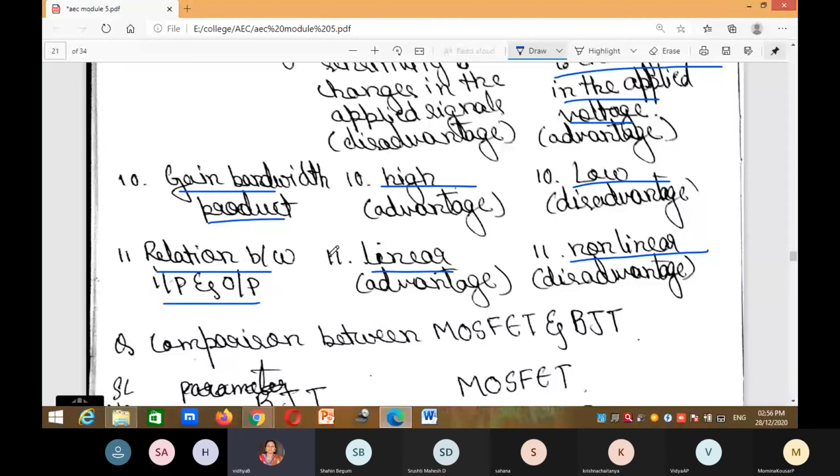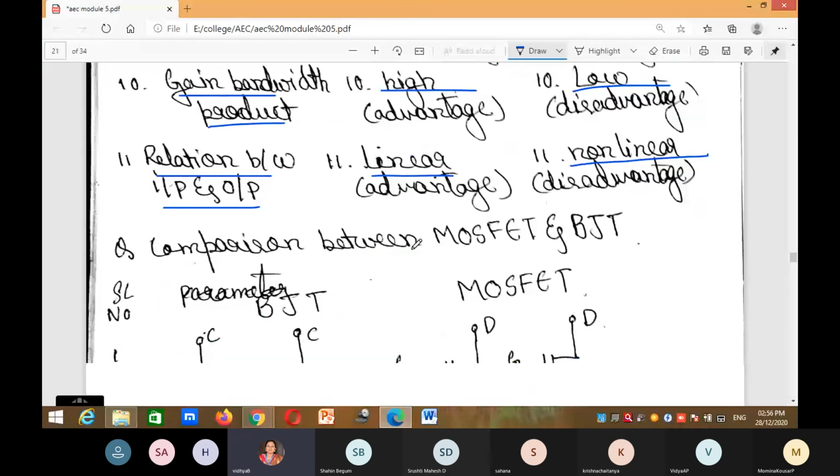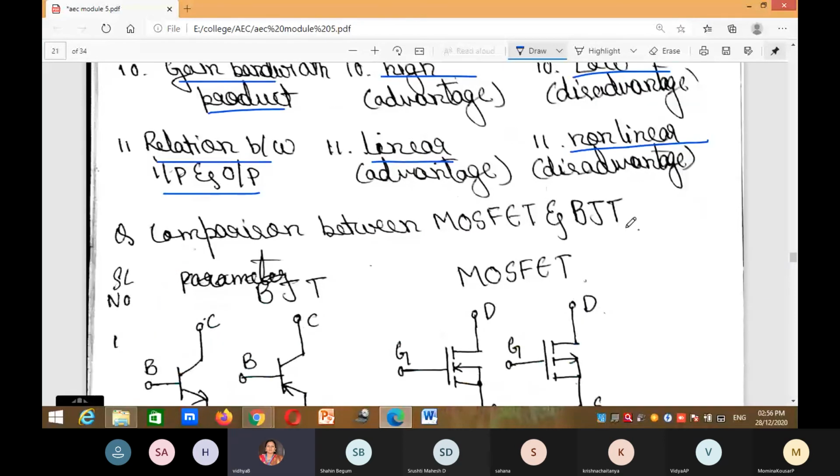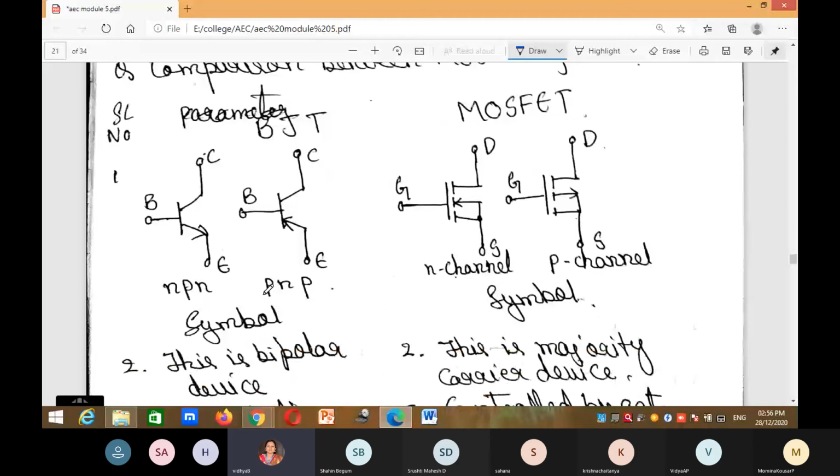Next is a comparison between MOSFET and BJT. First, symbol: NPN and PNP. This is the symbol for BJT. What about the symbol for MOSFET? This is the symbol for N channel MOSFET and this is the symbol for P channel MOSFET.